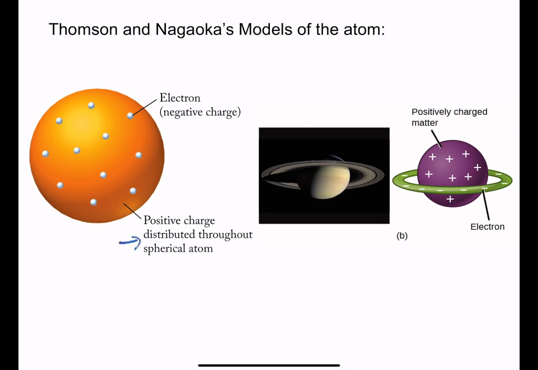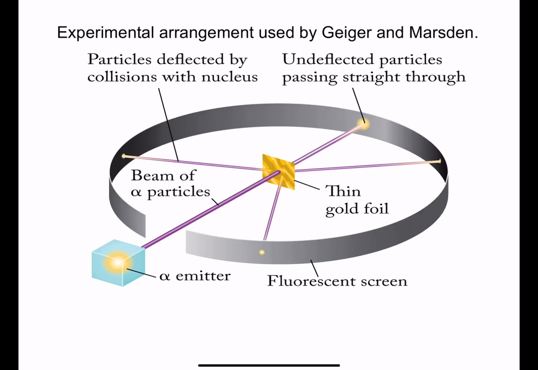Positive charge distributed throughout the sphere loosely, and negative electrons floating around in it like plums in pudding or chocolate chips in a chocolate chip cookie. Nagaoka's model was more like a planet, where the positive charge was the center of the planet and the electrons were like the rings around Saturn. So these were the current models.